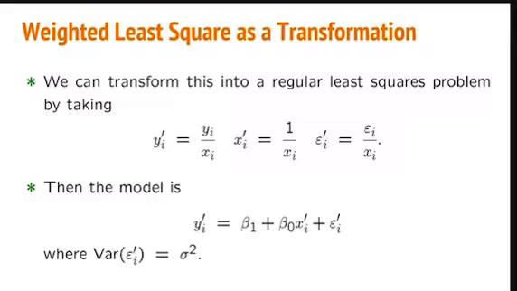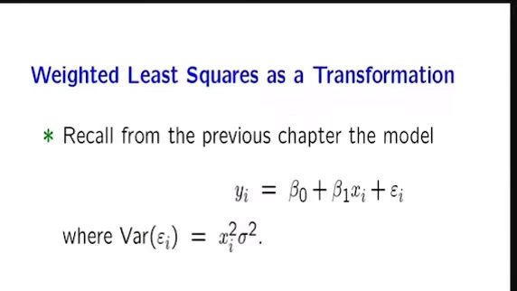Now look at my new model, y_i star and x_i star. This is a transformed model. This is not the original model. The original model was this one here, but there was a violation. How do I know? The variance of error is x_i squared sigma squared, and I want to transform the model.